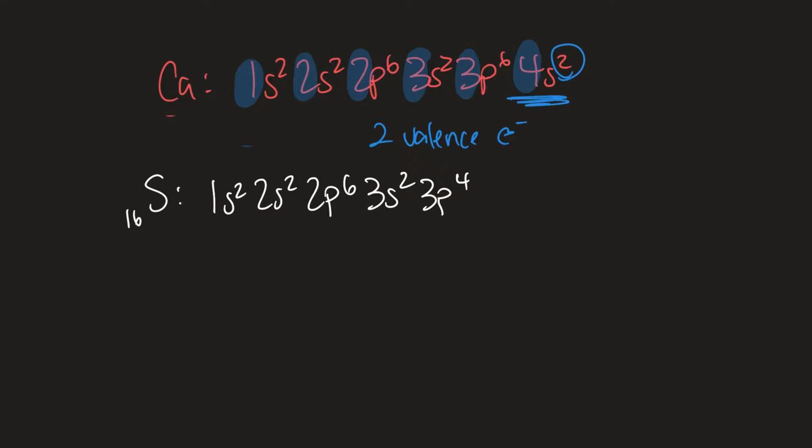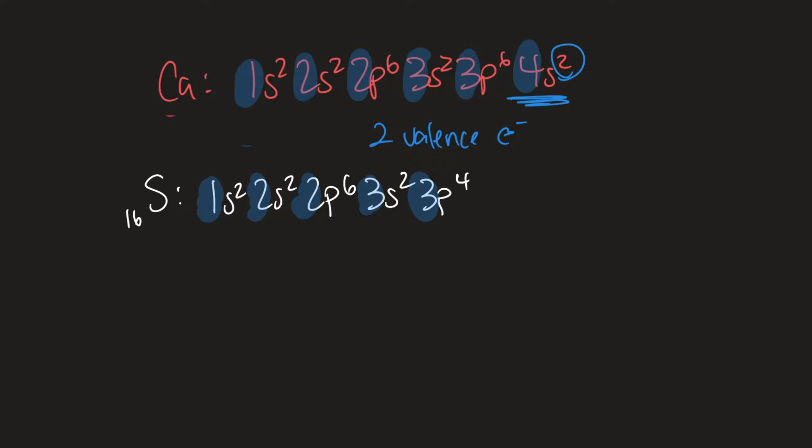When we're looking at this, we need to find the highest energy shell. We have 1, 2, 3, 2, 2, and here's your 3s. So in this case, the highest energy shell is 3. Then we need to count how many electrons we have in the third shell.